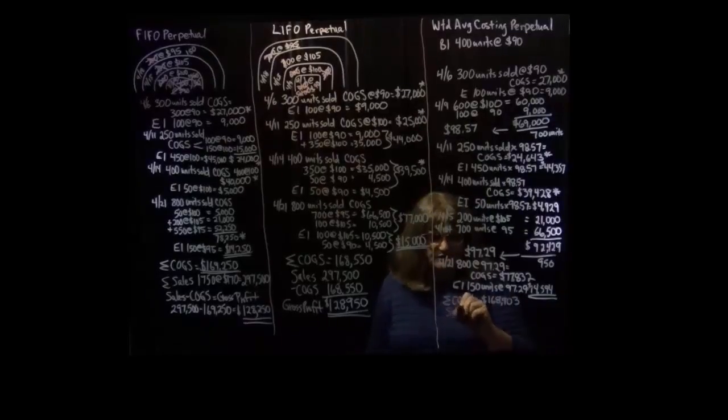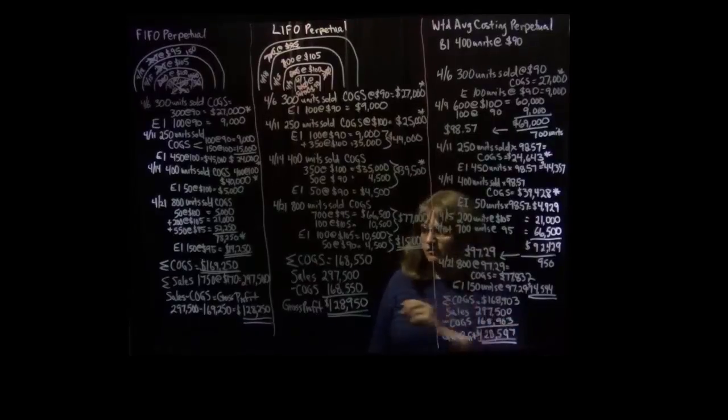Our sales is still the same as the other two methods. That doesn't change from method to method. So our $297,500 minus our total cost of goods sold of $168,903 gives us our gross profit of $128,597.